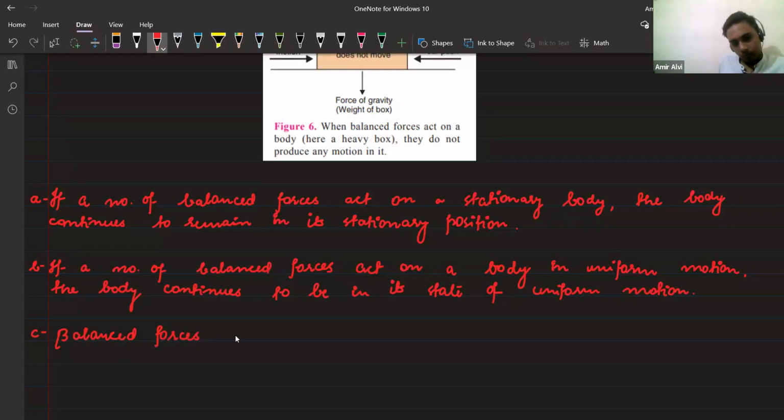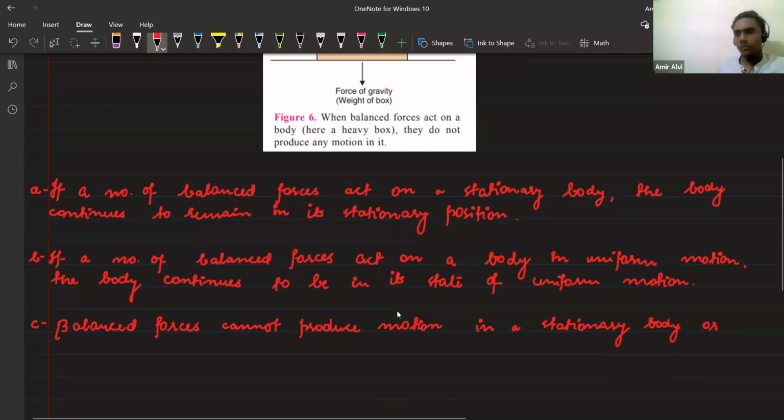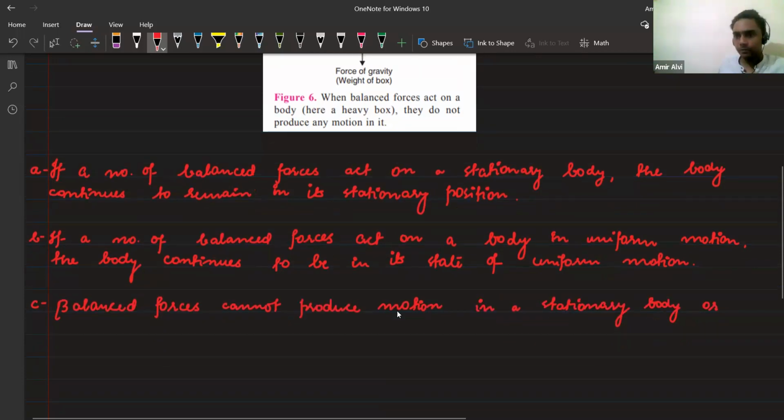Balanced forces cannot produce motion in a stationary body or stop a moving body.